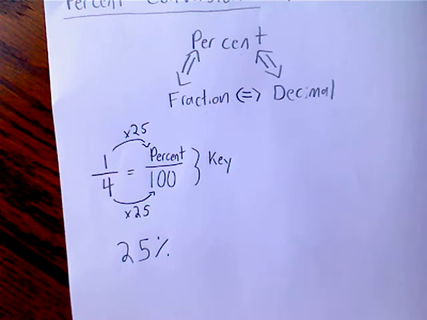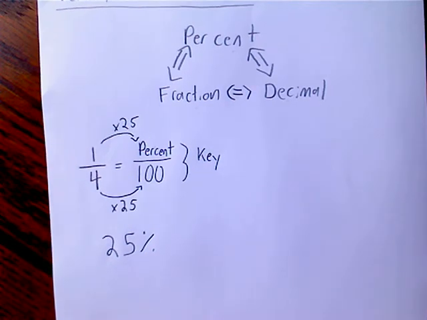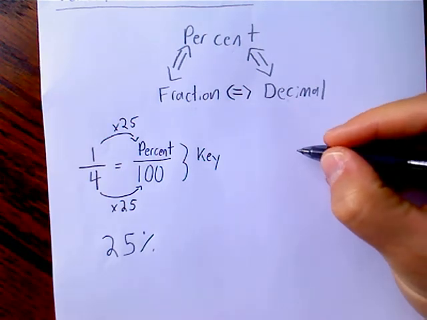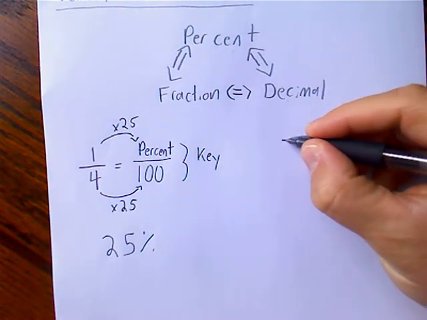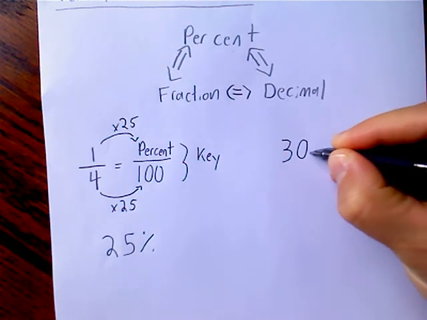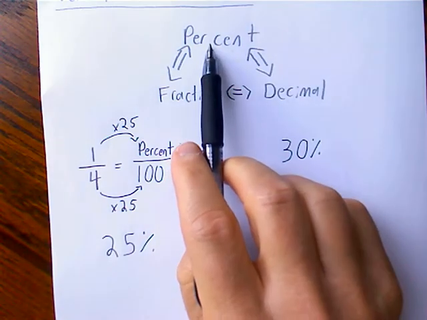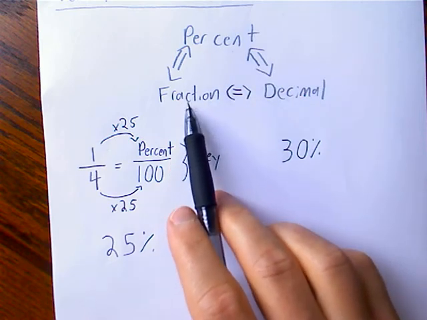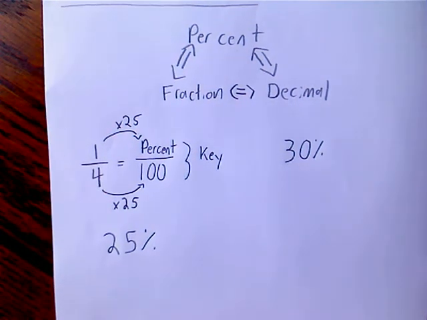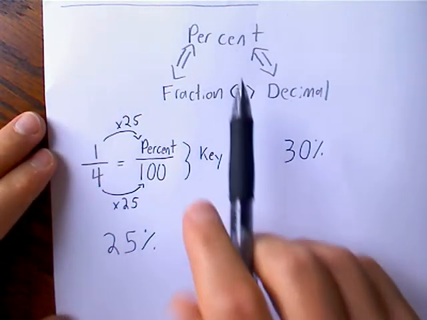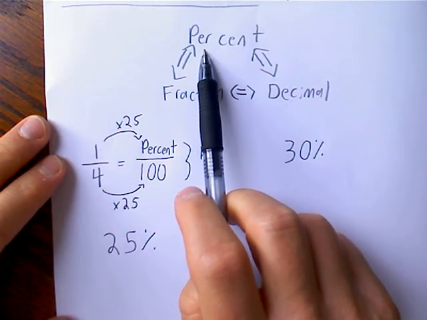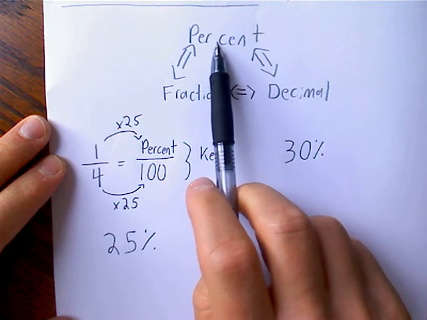Now I'm going to flip it on you guys. What if I said I have 30% of something, and I want you to start at a percent, which it is, and convert that into a fraction? How would I do that? Well, when we started talking about percents, that percent, there's even a nice little space right there.